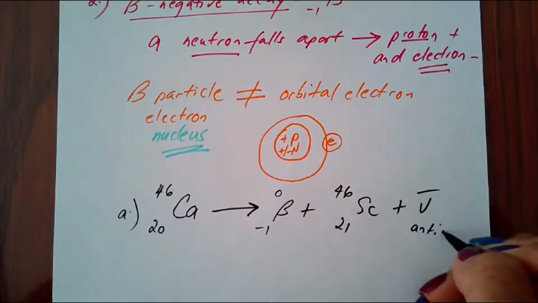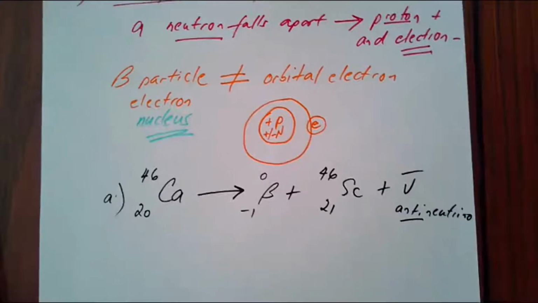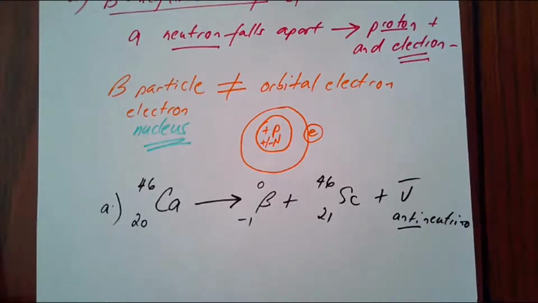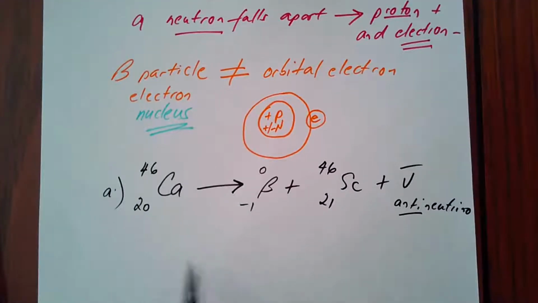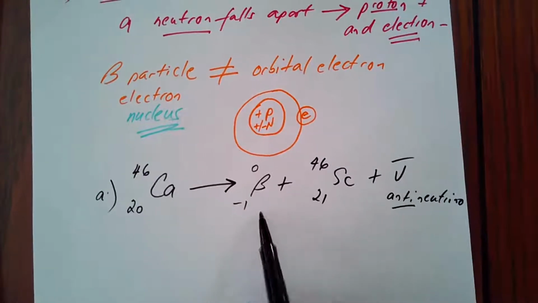So this is an antineutrino, which is the antimatter of neutrino. An antimatter has exactly the same mass but exactly opposite charge and spin. So this is what happens with calcium when it undergoes a beta negative decay.